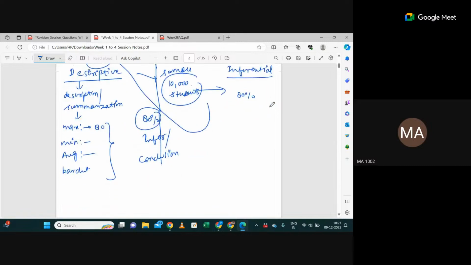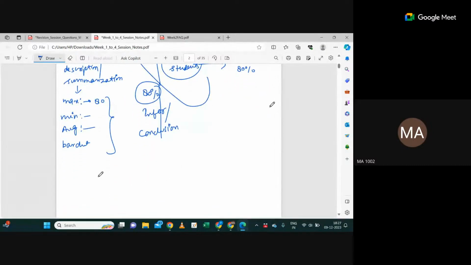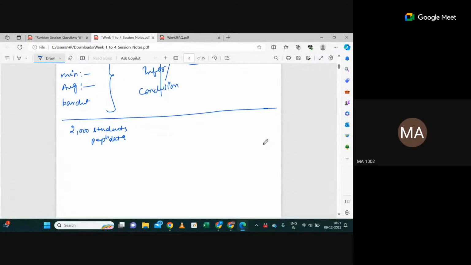Let's create another example. Suppose in a university or a college there are some 2,000 students, and suppose this is your population data. You want to know the average marks in that college. Suppose you are an analyst interested in this.